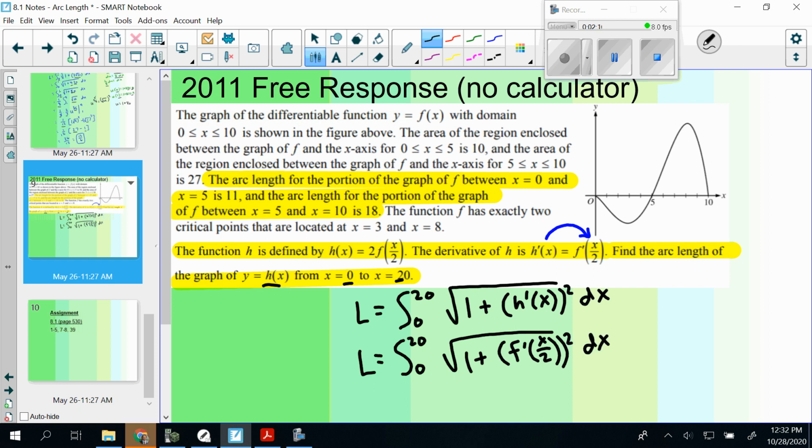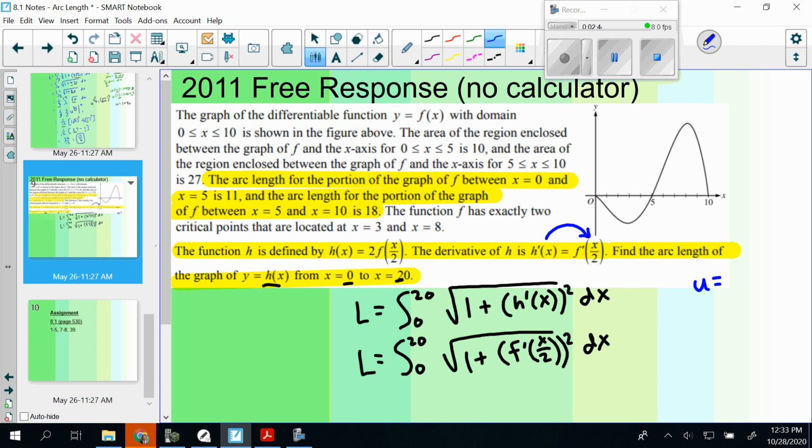All right, how do we figure that out? Well, that function, we could find the antiderivative of if we were to have just f of u, or f of x. So what we want to do here, this looks like a substitution problem.